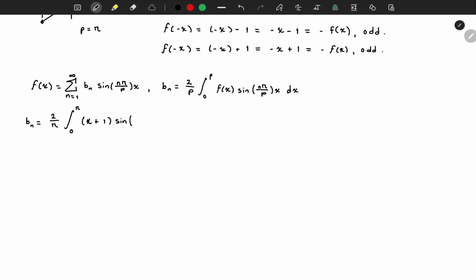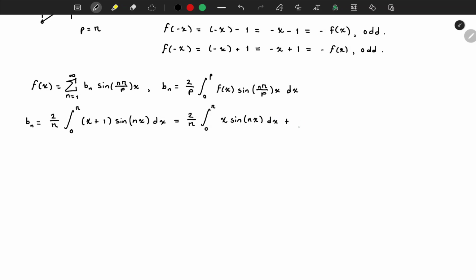Obviously the pi's are just going to cancel out, leaving us with nx, and dx. So now what we want to do is distribute this sine nx into the brackets of x and 1. If we do this, we'll get x sine nx dx.